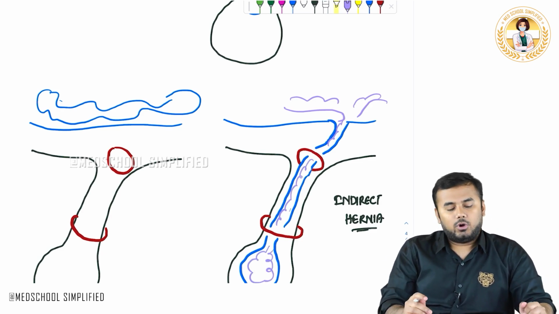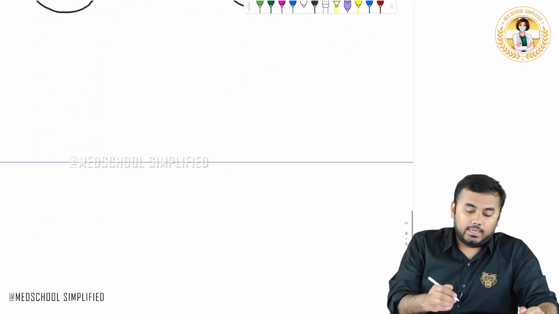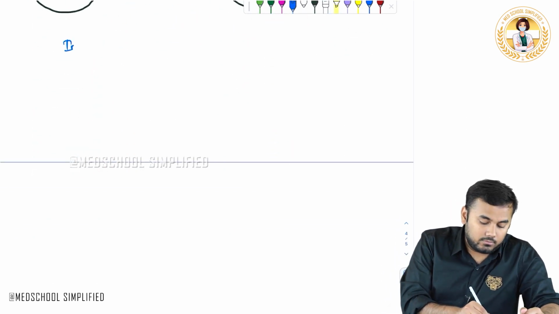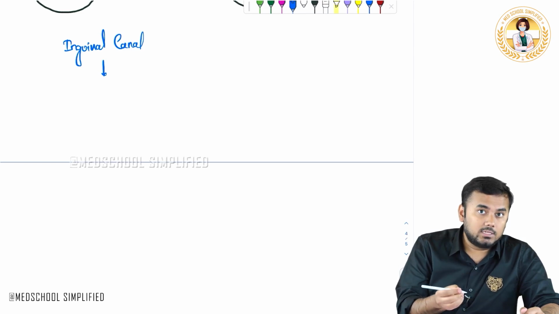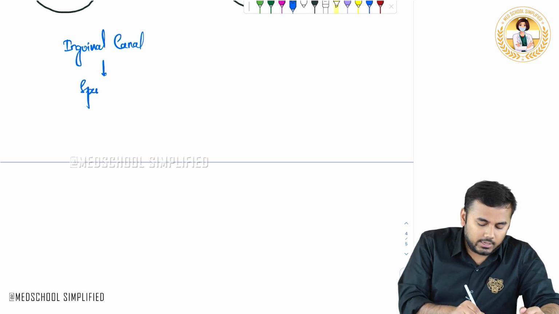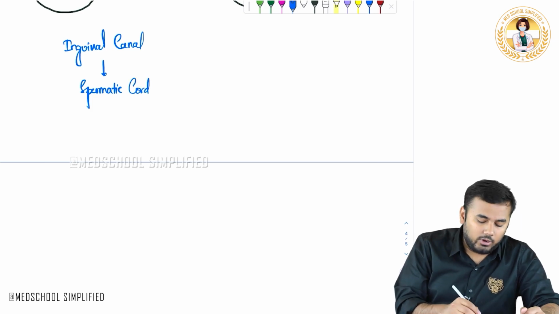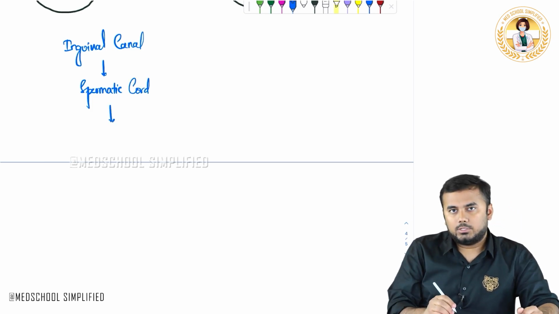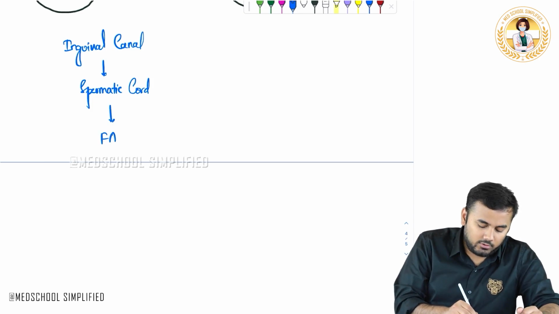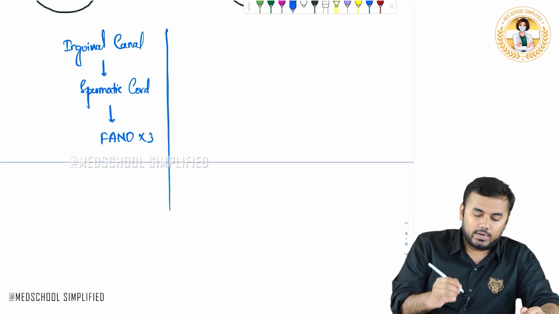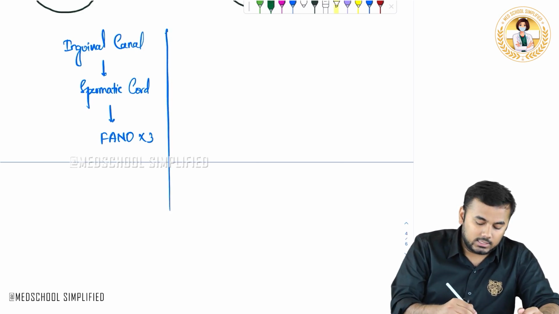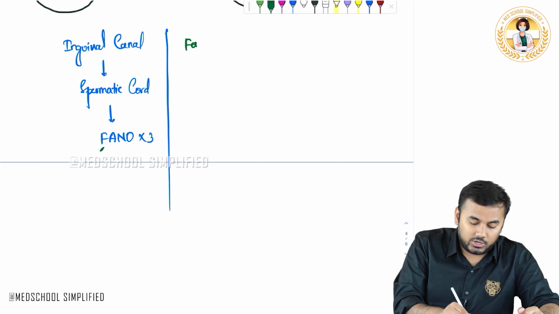Okay, right. Whatever it is, now you know that the inguinal canal, in males, consists of the spermatic cord. Now let us see what structures are located in the spermatic cord. Just remember the mnemonic FANO into 3. What does FANO into 3 mean? You will understand now. The spermatic cord consists of F. F stands for fascia.